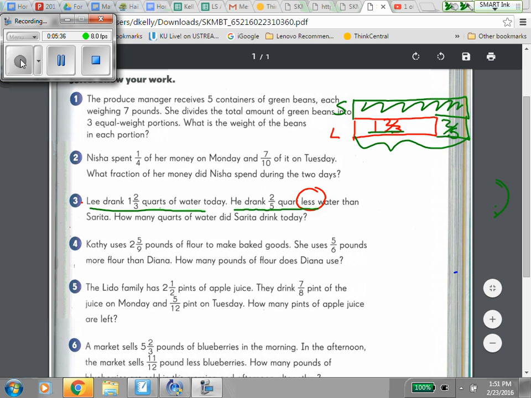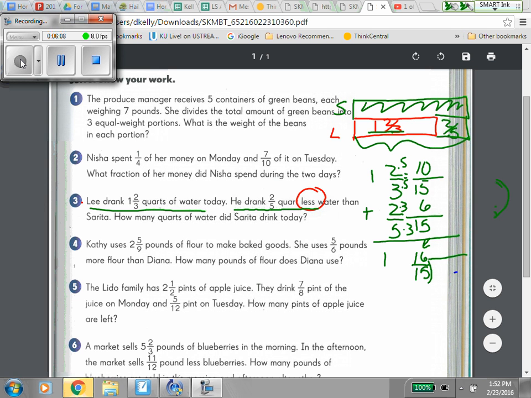So 1 2/3 plus 2/5, and we have a common denominator of 15. 5 times 3 is 15, 2 times 3 is 6, 3 times 5 is 15, 2 times 5 is 10, 10 15ths plus 6 15ths is 16 15ths, and 1 plus nothing is 1. But we have an improper fraction here.